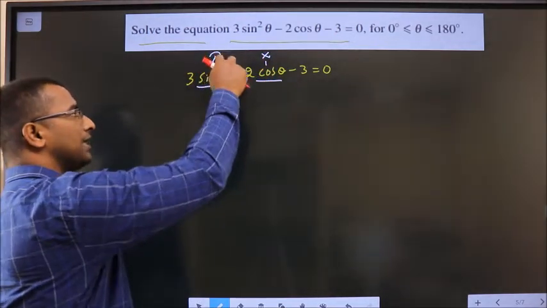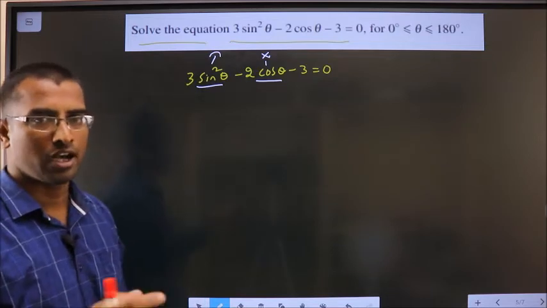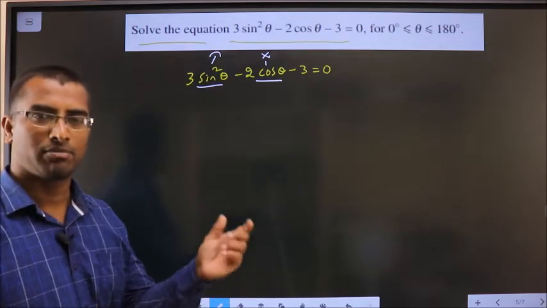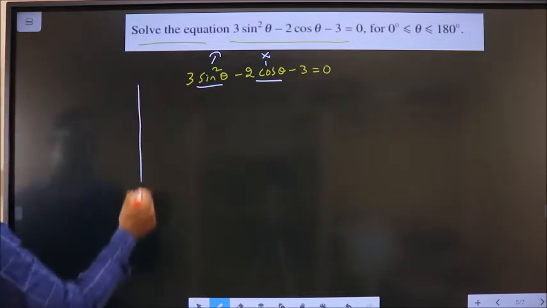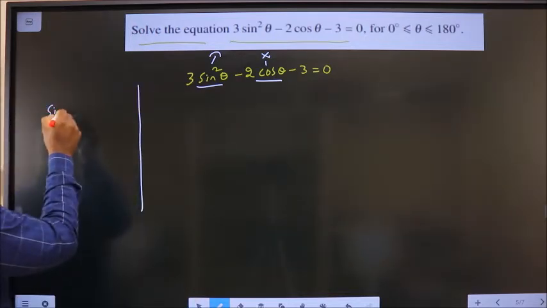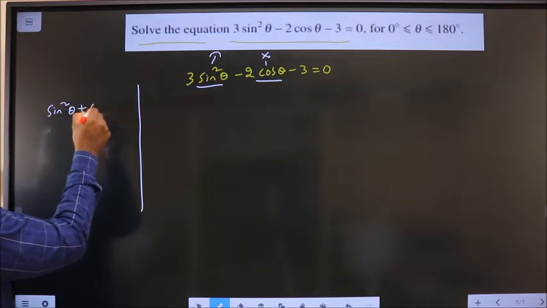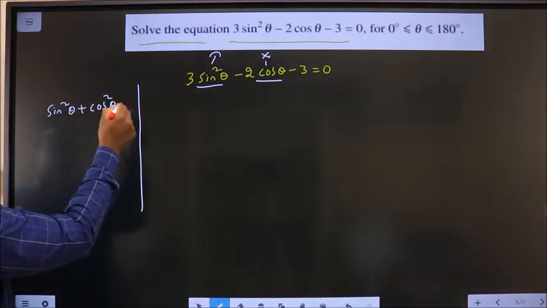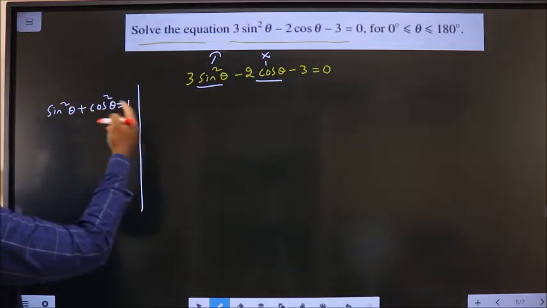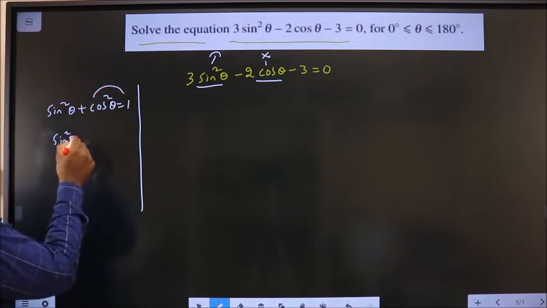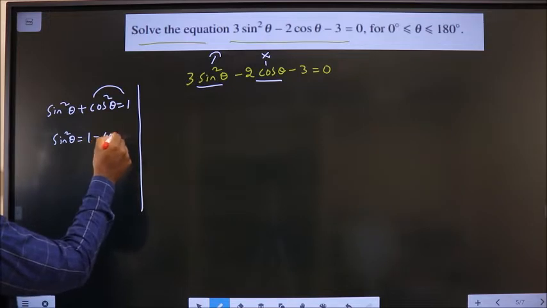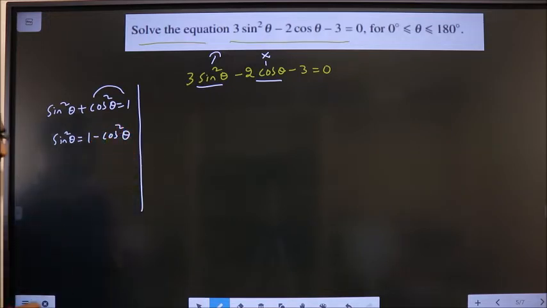But this can be written in terms of cos. How? With the help of basic trigonometry identity, that is sin square theta plus cos square theta equal to 1. I want sin square, so I send cos square to the other side. So sin square theta is nothing but 1 minus cos square theta.